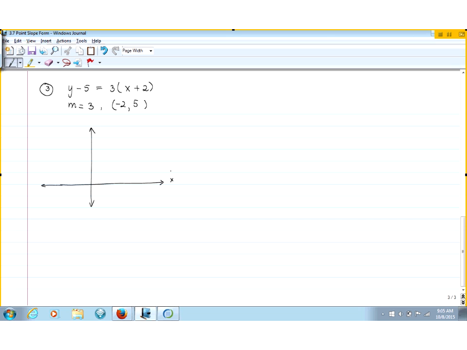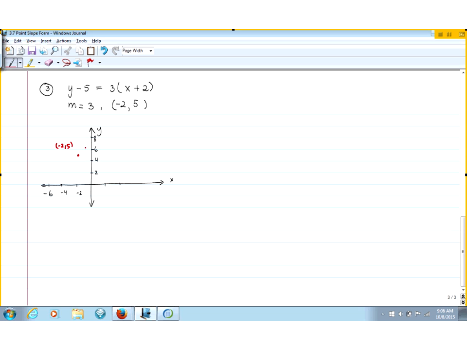This is x, y. 2, 4, 6, 8, -2, -4, -6. So -2, 5 will be here. Let's label this.